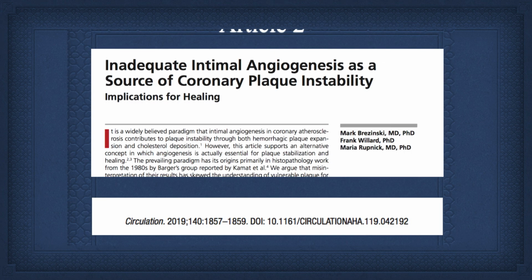And we went on to say that this was due to long necrotic cores where angiogenic vessels did not get to the area because of the long cores, and you lost cellularity, the synthetic smooth muscles and the endothelial cells needed to contain a clot after a rupture, or needed to make a thin cap fibroatheroma into a thick cap fibroatheroma.